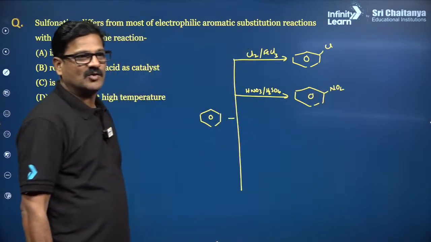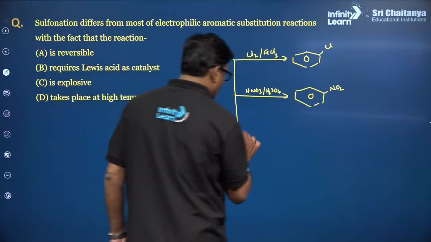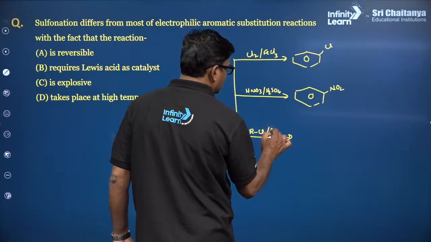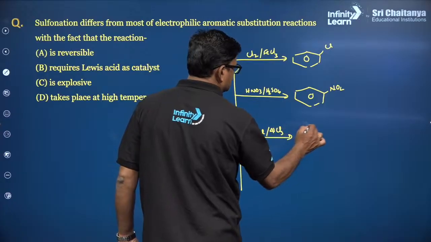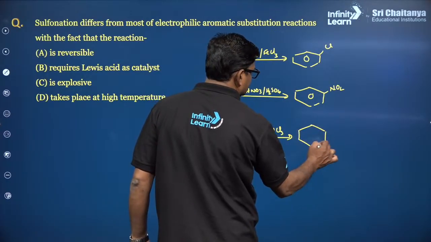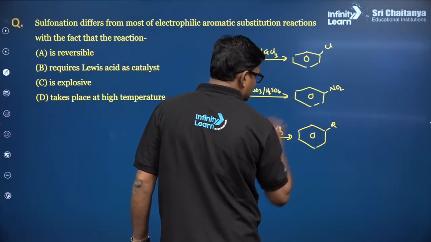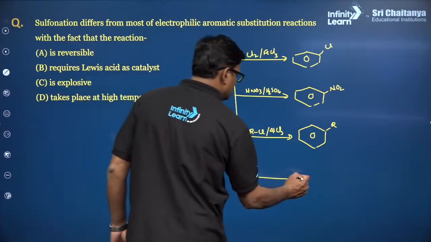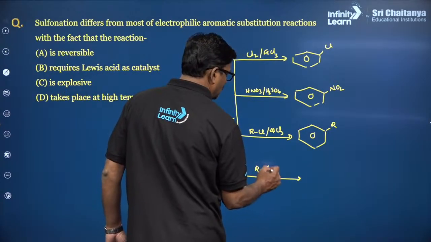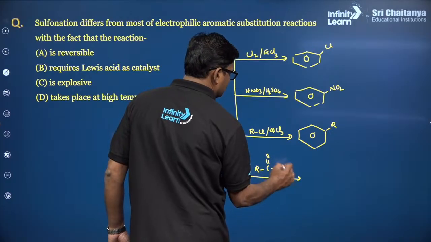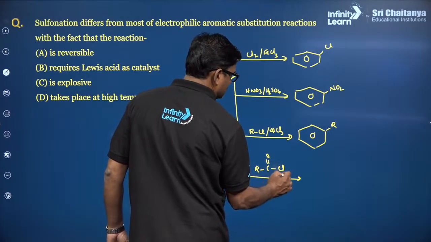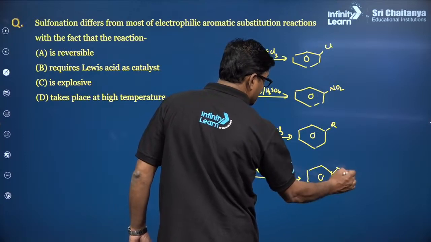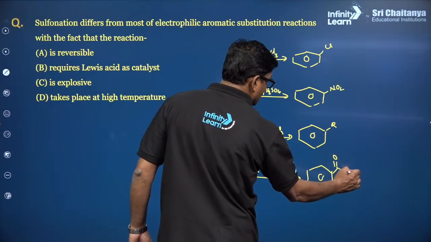Got it? Roshan, when you go with RCl, AlCl3, you get alkyl benzene. When you have RCOCl, AlCl3, you are going to see this Friedel-Crafts acylation.